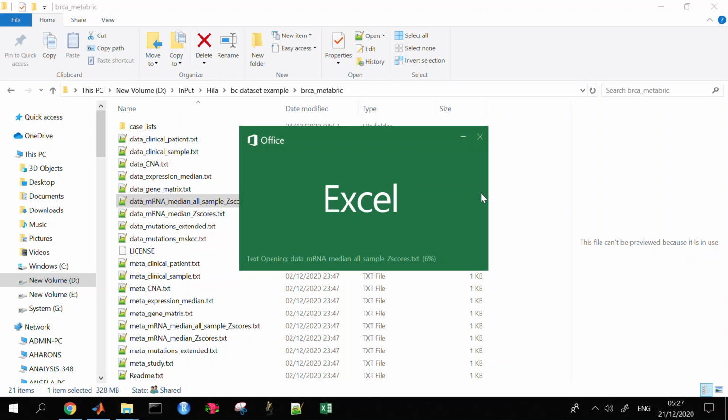It's a big file, so it would take time. Now, most cancers don't have enough patients. I would say that breast cancer is one of the biggest data sets, even though 2,000 patients is not such a big data set.